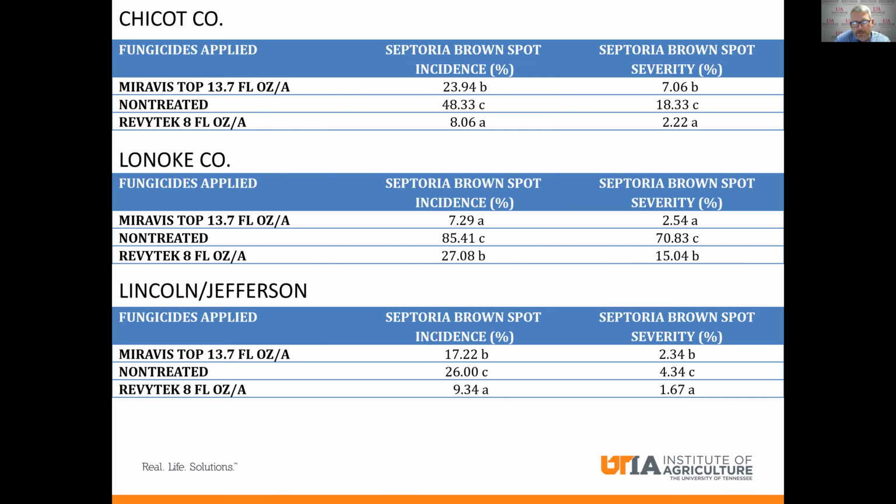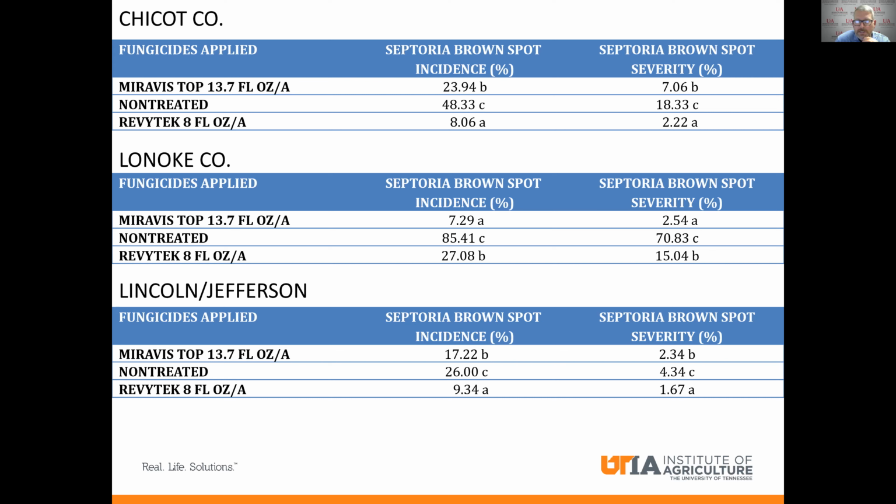So in Chicot County, this is very far south Arkansas, far southeast corner of the state, right outside of Eudora, just to the west of Eudora, we had a little bit of Septoria brown spot in the non-treated control, about 50% incidence, 18% severity, and that's really not necessarily meaningful numbers, only just to compare to the other treatments, right? So 2% and 7% in severity. There wasn't a significant difference in yield here.